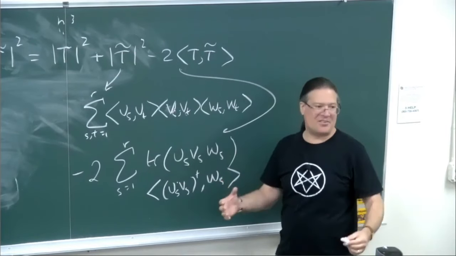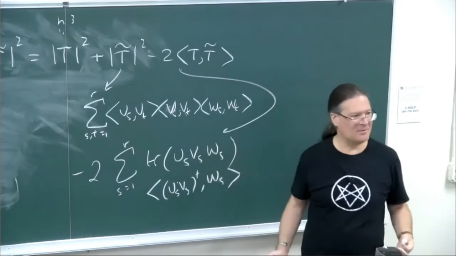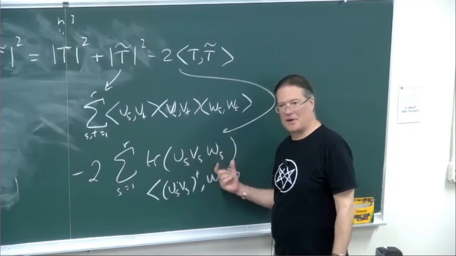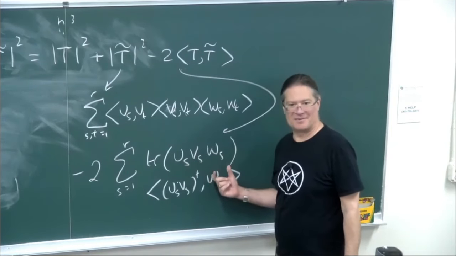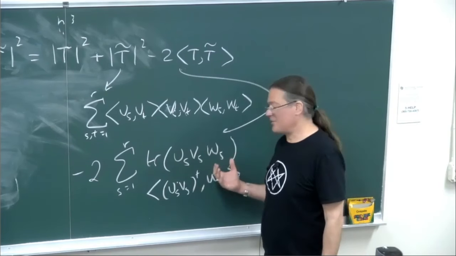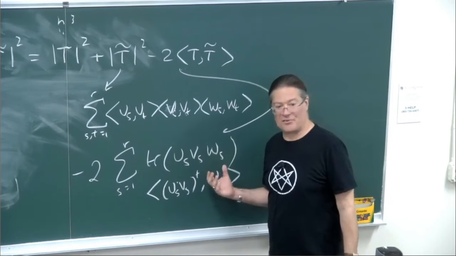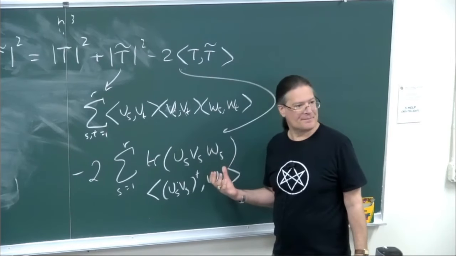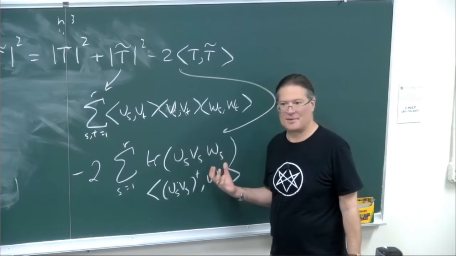So that suggests an iterative algorithm where we repeatedly hold two of these fixed and vary the other one to minimize it. That's what we're doing. There is no guarantee that this algorithm will reach the global minimum, but it will presumably reach some local minimum. Are you with me? Okay.